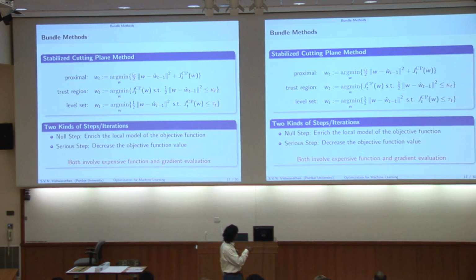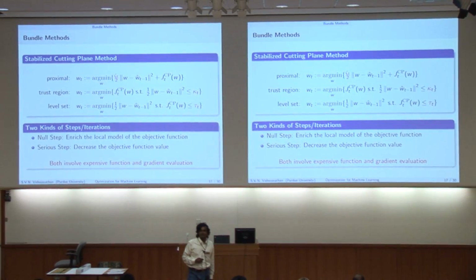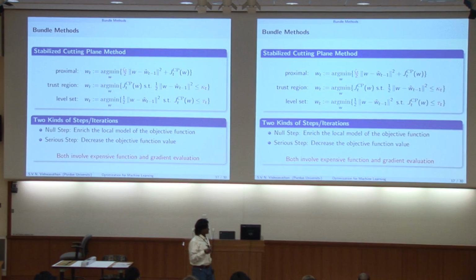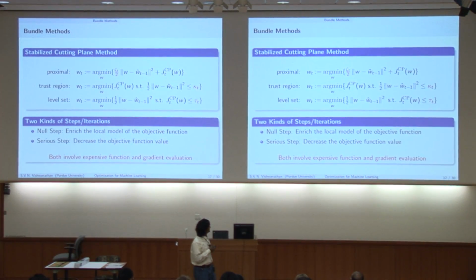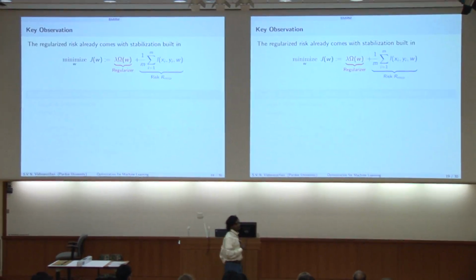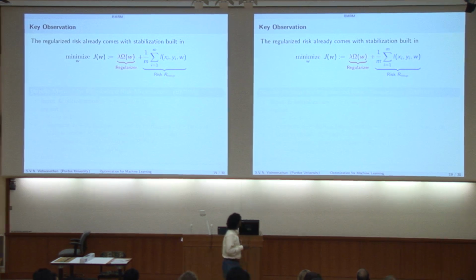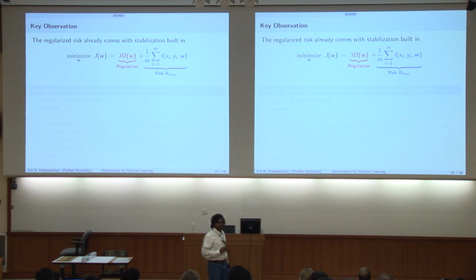What we want is to not do this null step, serious step business, and not tune these parameters. Now, if I give you a black box objective function which is non-smooth and convex, then more or less you cannot avoid this. But again, in machine learning, we know a lot. We know that the function we are minimizing has the following form: there is a regularizer, there is a risk, and so on.